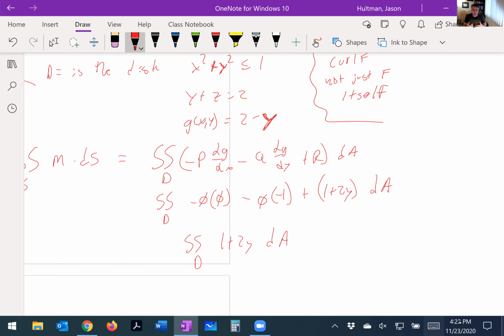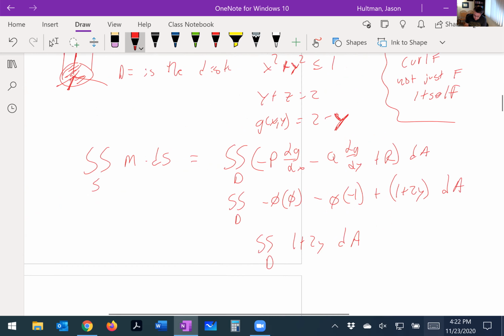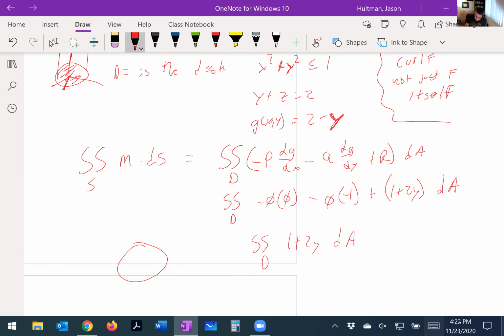Okay, but what's the double integral going to be? Well, it's along this disk, so I'm probably going to want to change it to polar coordinates.